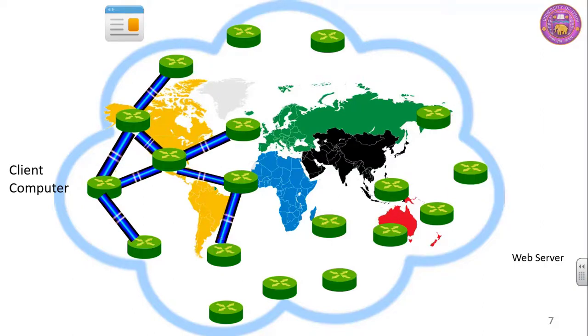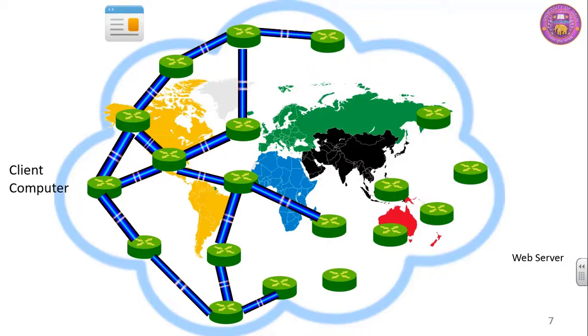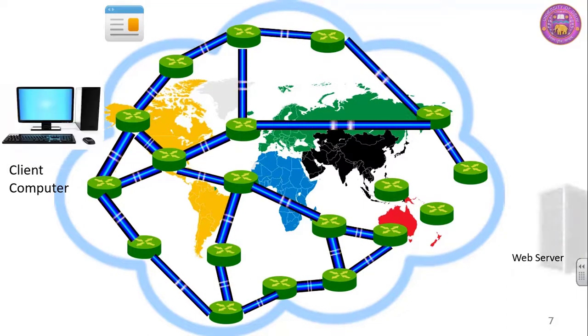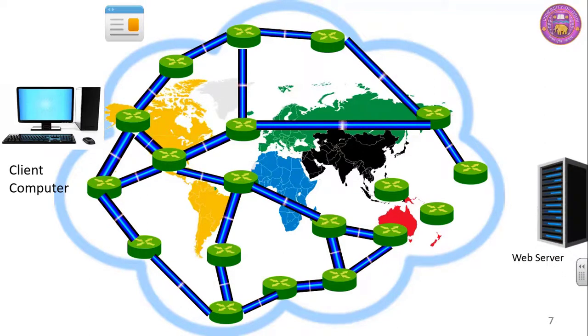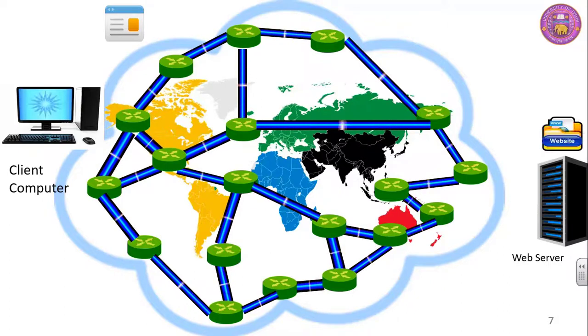These routers are connected through wires, and they can transmit information from one place to another place. Then we have a client computer, and we have a web server. On the web server there is a website, and the website contains web pages.